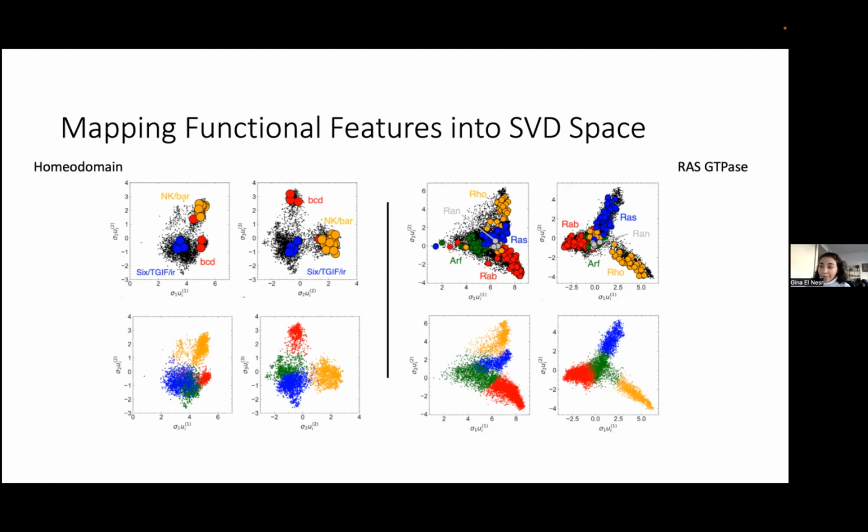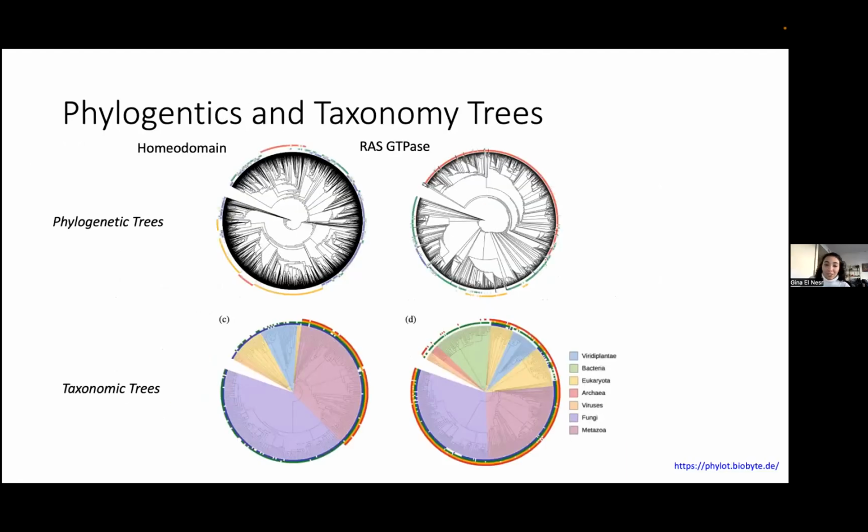And then the ARF family sits at that putative vertex around the green, whereas RAN is at the intersection between ARF and RAB, and those represent the ancestry and the evolution of RAS GTPases. That's pretty interesting because we did one more analysis, and that's looking at the phylogeny and the taxonomy trees.